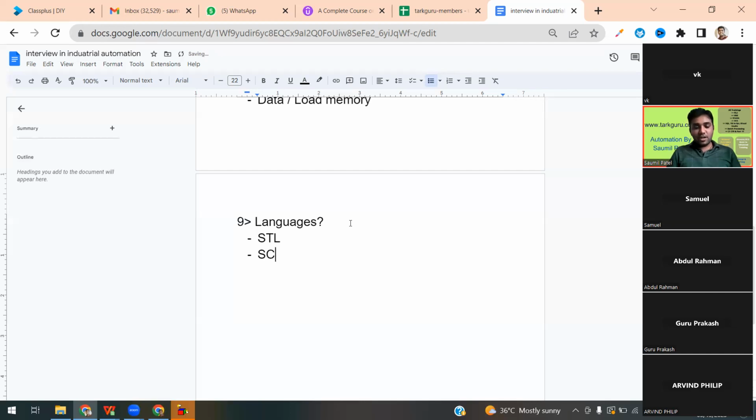You might have heard about the SCL, ladder diagram, CFC, SFC, FBD. So you need to explain, yes sir, I have knowledge of STL, SCL, ladder, CFC, SFC, and FBD, but generally I do the programming in ladder diagram. So this is the way you need to explain.